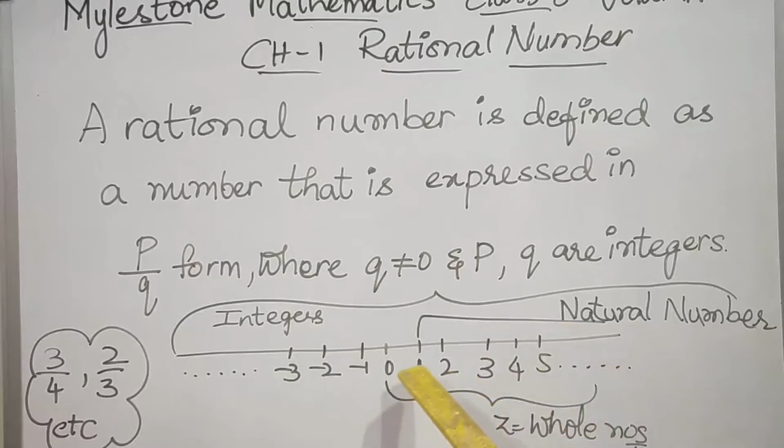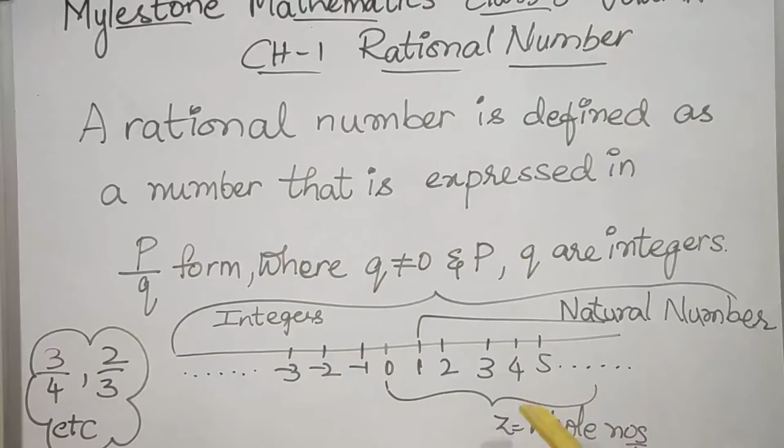Counting from 1, 2, 3, 4 and so on comes under natural numbers, which is represented as N. And from 0 onwards, 0, 1, 2, 3, 4, 5 comes under the whole numbers, which is represented as W. Altogether, these numbers, positive and negative, come under the integers, represented as Z. Nowhere is it referred to as p by q form or rational number.